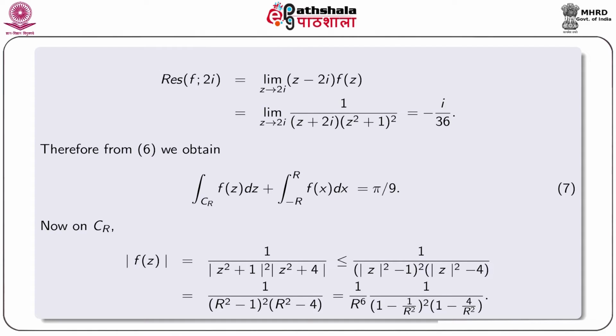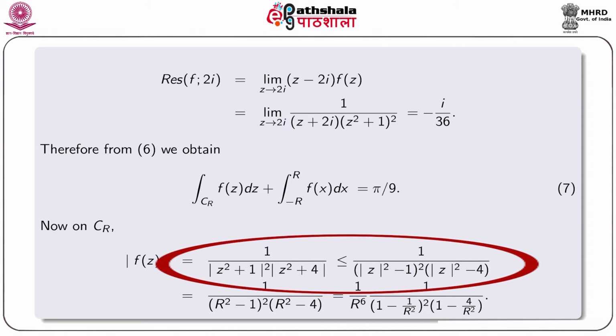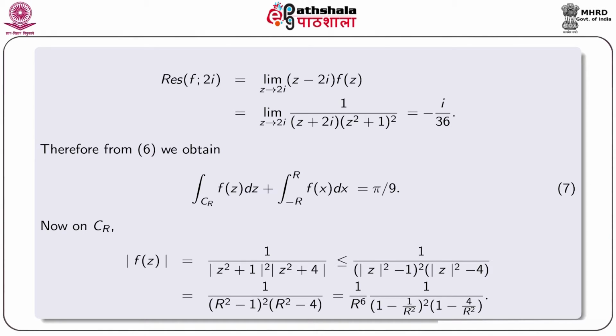Now, on CR, mod f(z) equals 1 by mod (z squared plus 1) whole squared into mod (z squared plus 4), which is less than or equal to 1 by (R squared minus 1) whole squared into (R squared minus 4), and that is equal to 1 by R to the power 6 into 1 by (1 minus 1 by R squared) whole squared into (1 minus 4 by R squared).